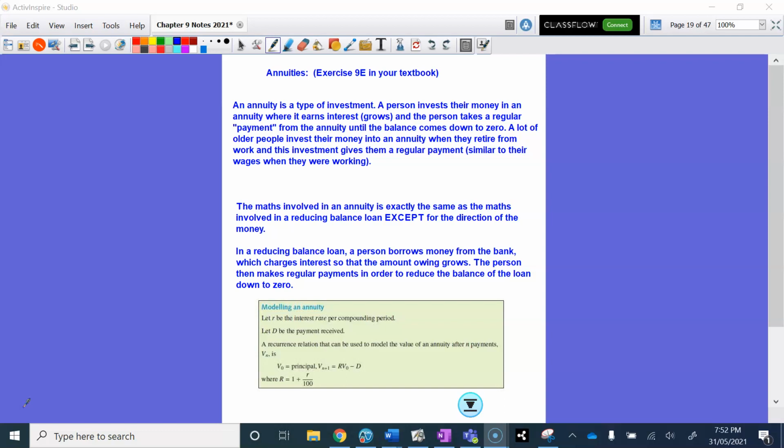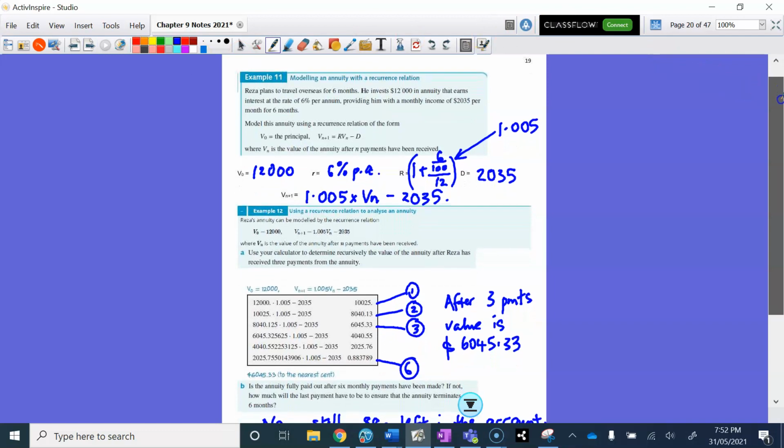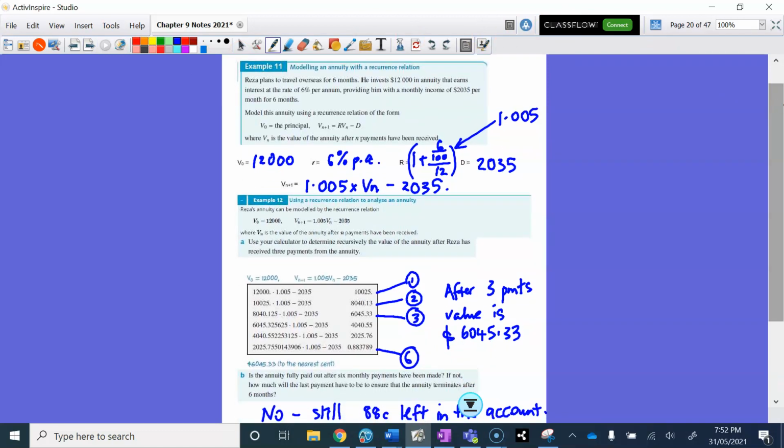And as I said before, the direction of the money is the only difference. So instead of taking money from the bank, we're putting money in the bank this time. As we flick through the booklet, you'll see there's a couple of examples, and I'll take you through a couple of the examples first and then let you set to work on exercise 9E.